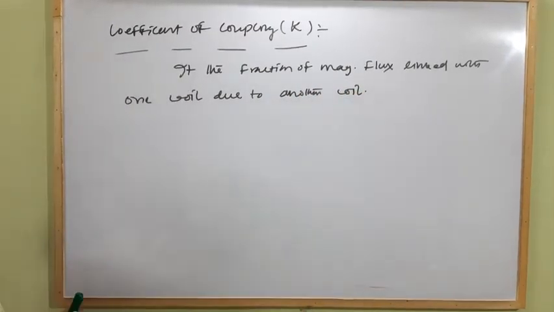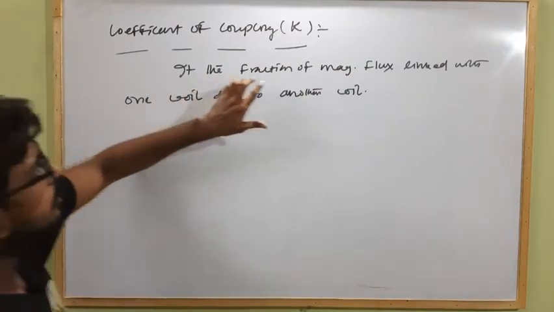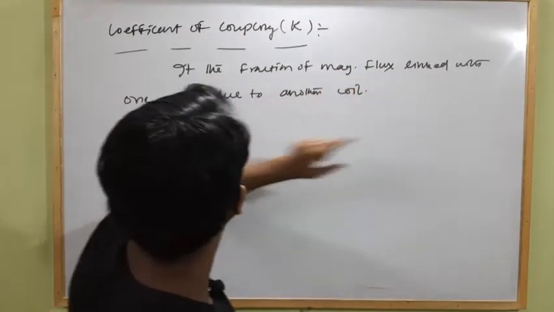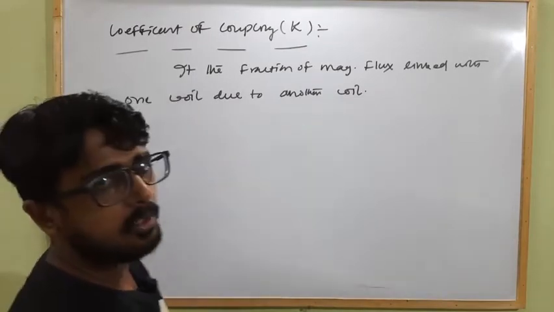Clear? So coefficient of coupling is what? It is the fraction of magnetic flux linked with one coil due to another coil.